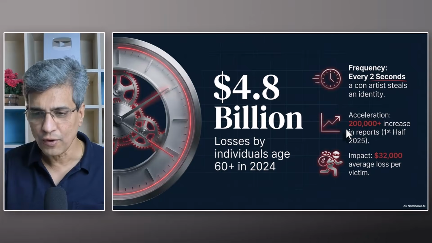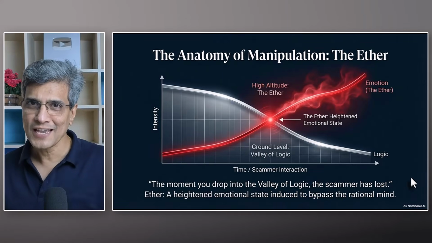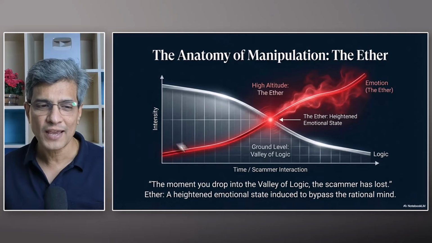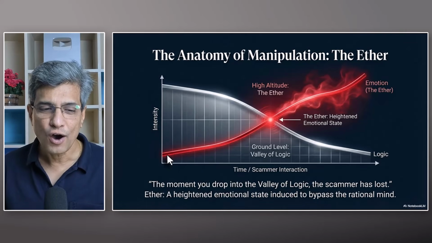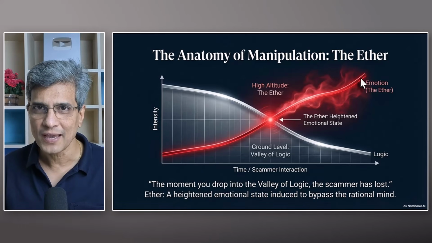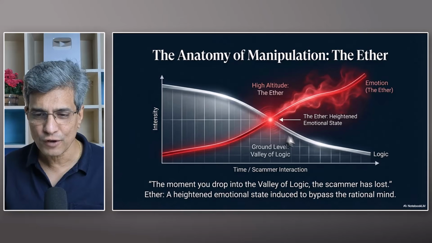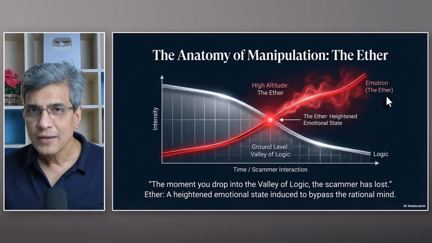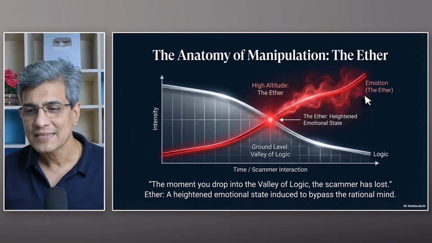Let us go forward. So this was the third change that we wrote. I asked NotebookLM to create an infographic to portray how the intensity of emotion increases over time and the intensity of logic goes down over time. I asked NotebookLM to label the heightened emotion state as the ether, and you can see that it is very clearly shown.